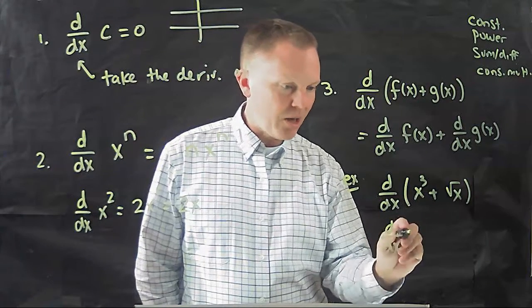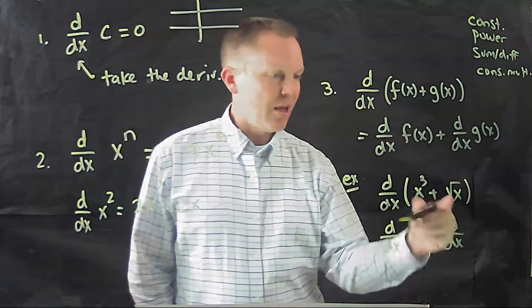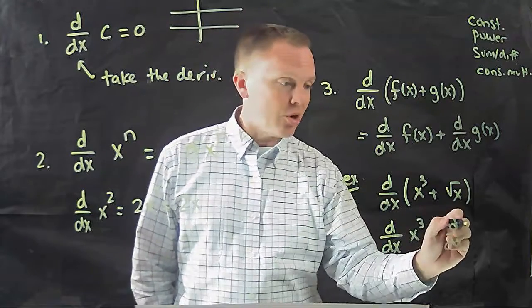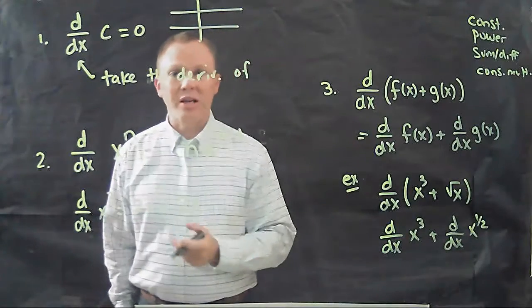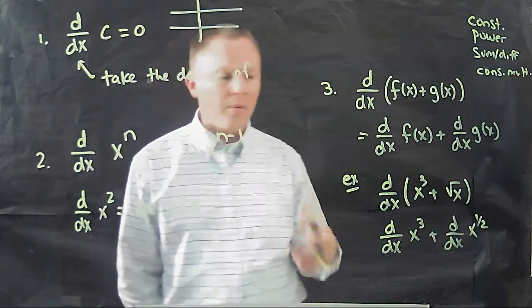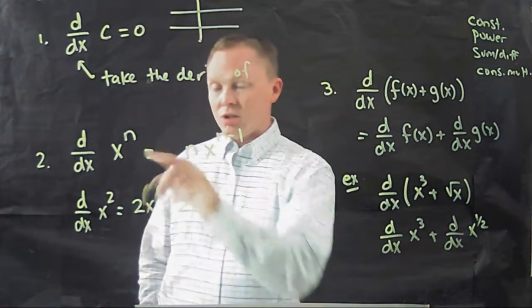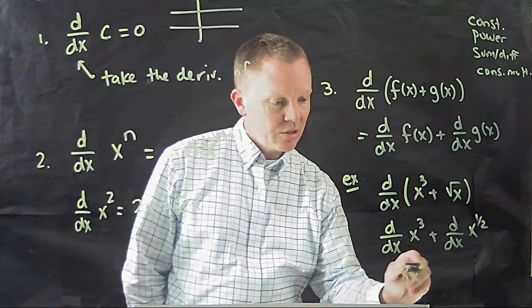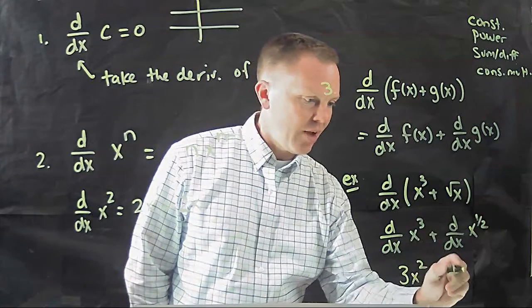Now, it's going to help us if we think of radicals as fractional exponents. Anytime you see a radical, if you're going to execute one of the derivative rules, you probably want to jump on this fractional exponent thing because it's easier to use the power rule. So the derivative of x cubed is 3x squared plus the derivative of x to the 1/2 is 1/2 x.